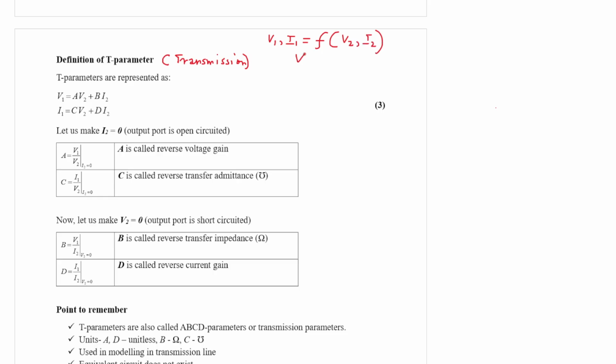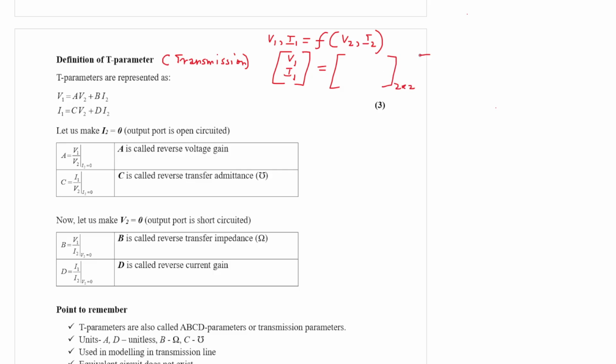So if we write V1 is equal to, let us write in this fashion. We have V1, I1 as our input parameters, and let us have one matrix of 2 by 2.